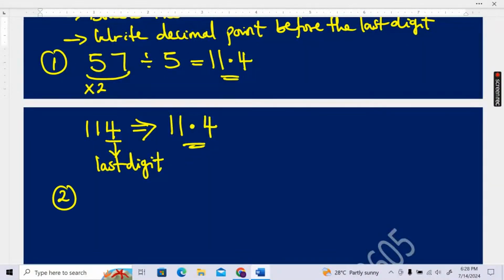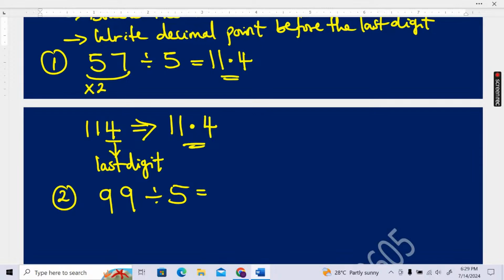Now look at the next one. What is 99 divided by 5? Double 99.